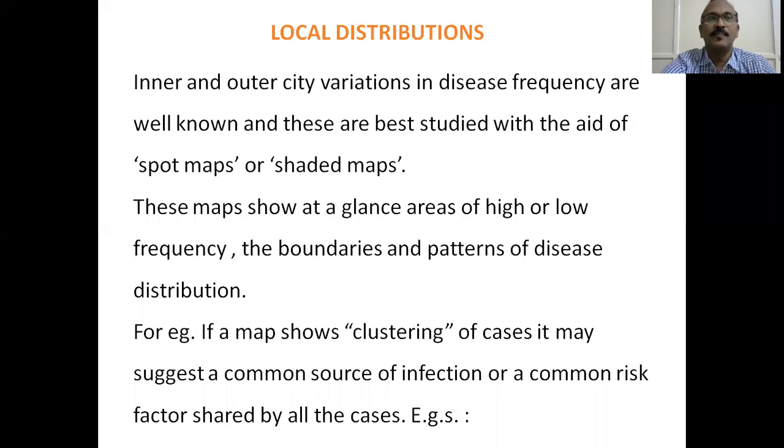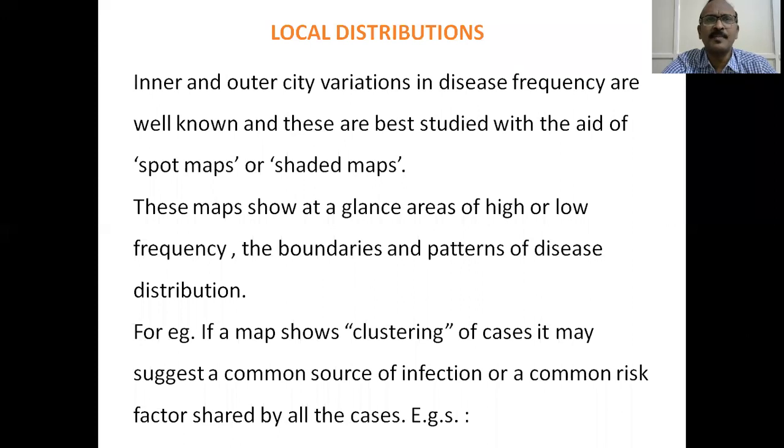Local distributions. Just like international, national, and rural-urban variations, there can be local distribution of the disease. Inner and outer city variations in disease frequency are well known, and these are best studied with the aid of spot maps or shaded maps, which we must already have discussed in statistics, or are going to discuss in statistics.